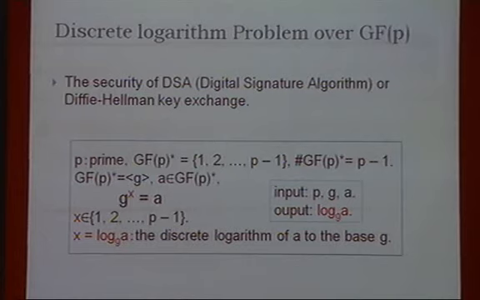It is a problem to find X which satisfies this equation, G to the X equal to A. Namely, we compute G to the power of X, and if it is equal to A, then we want to find such an X. Because G is a generator of this multiplicative group, there is a unique such X in this range from 1 to P minus 1.